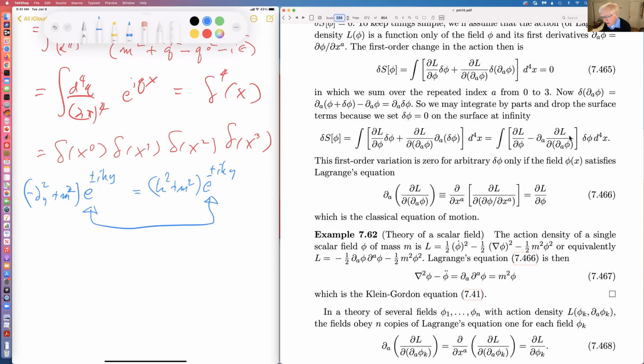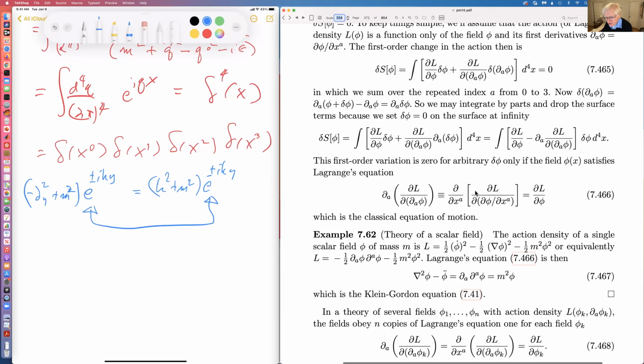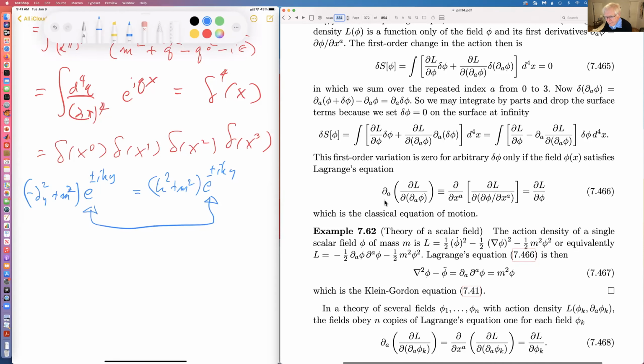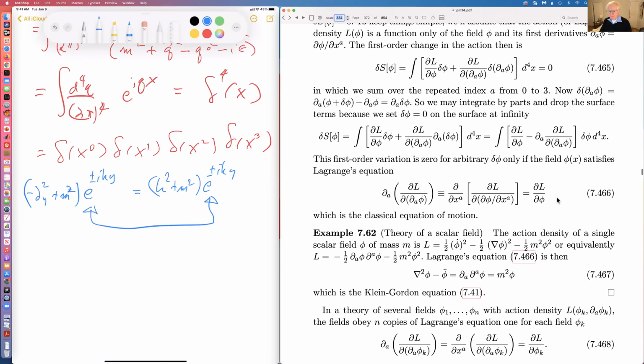In other words, the square bracket has to vanish for all points in space-time. And this is called Lagrange's equation. So this is this quantity unpacked. And that's the classical equation of motion for a Klein-Gordon field.